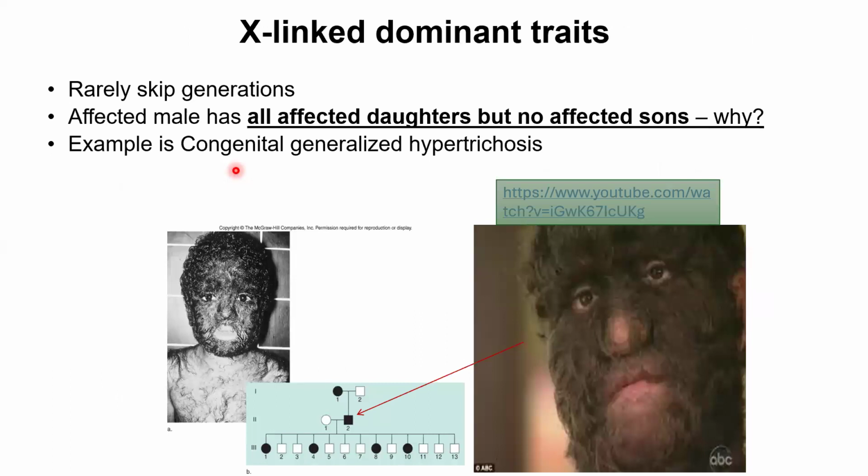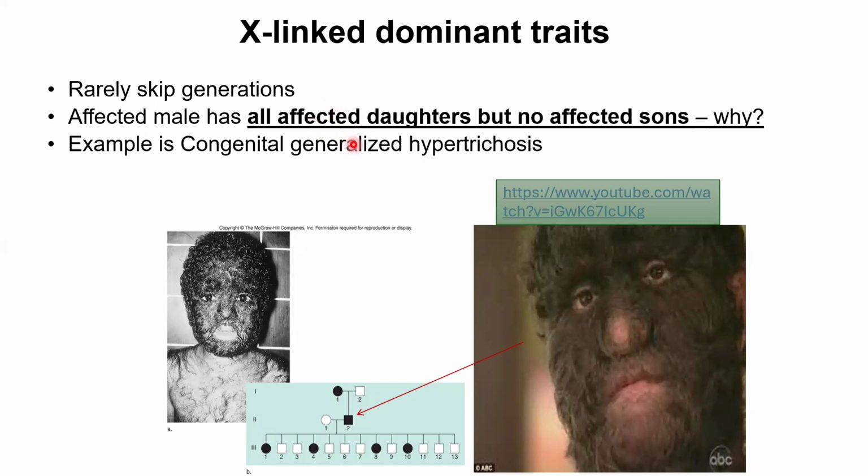Now there are X-linked dominant traits, which rarely skip any generations. Basically the affected male has all affected daughters, but no affected sons. Why? Because the affected male would only give the Y chromosome to the sons, not the X. And when it's dominant, it usually affects the X chromosomes within the daughters themselves.